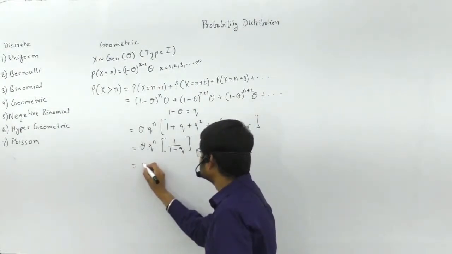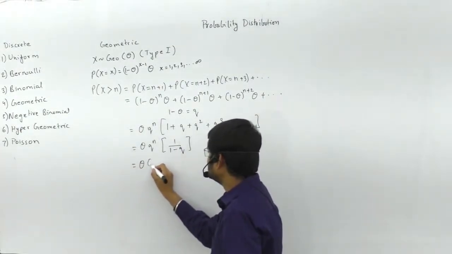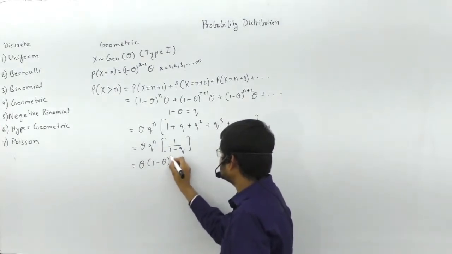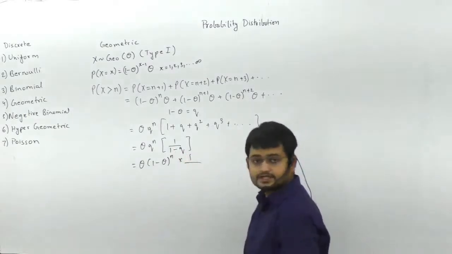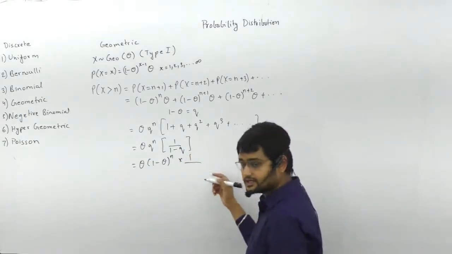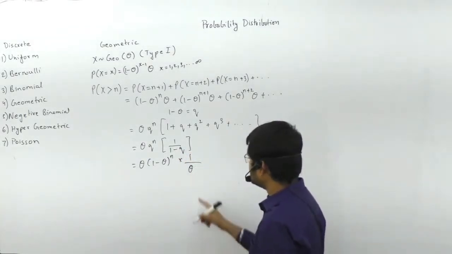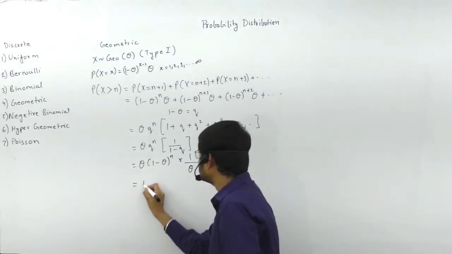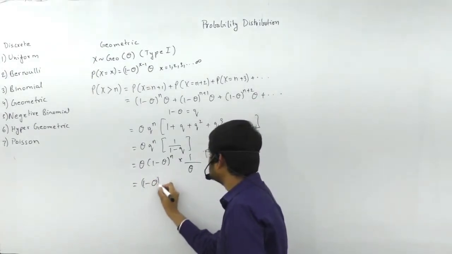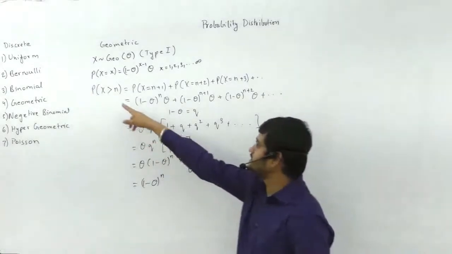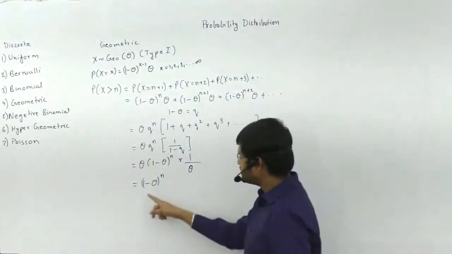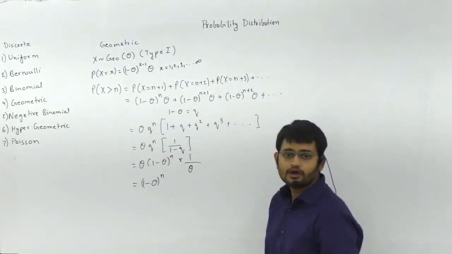So I can say this is nothing but theta into (1 minus theta) raised to n into 1 by 1 minus q, or 1 minus q would be nothing but theta. Theta cancels, and I am left with (1 minus theta) raised to n. So the probability that I will have at least n failures is nothing but (1 minus theta) raised to n.